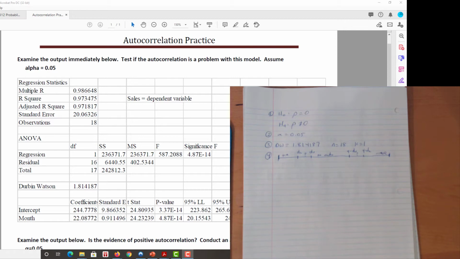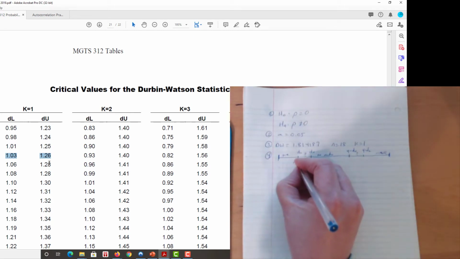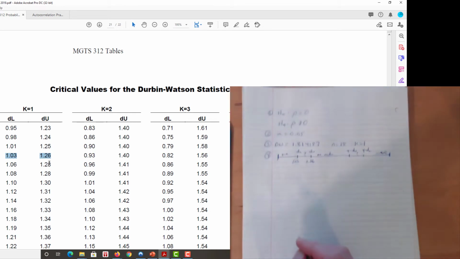We're just going to look in one of the tails, get the Durbin-Watson lower and the Durbin-Watson upper for that tail. So we look at our tables, we see k is equal to 1, n is equal to 18, and so we see a 1.03 and a 1.26 respectively. Again, we only do this alpha divided by 2 when we're testing for any autocorrelation. That's the only time we worry about this divide by 2 stuff.